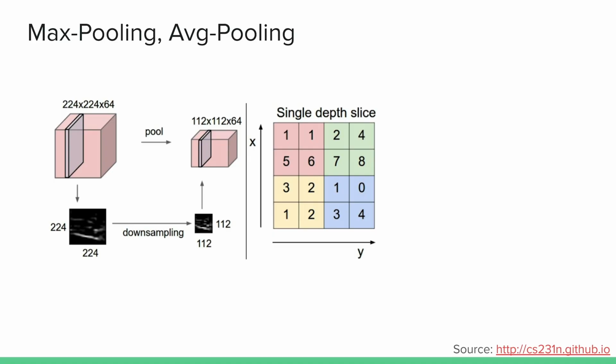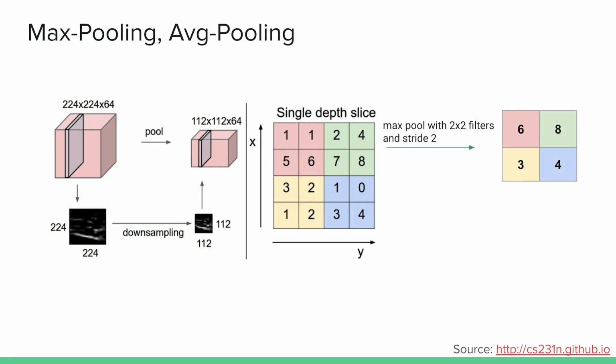There are two really important versions of pooling. One is called max pooling, and the second is called average pooling. What we do is take a slice and extract the maximum number of that slice or the average number. So this is what a max pooling with a 2x2 filter and stride 2 would compute.